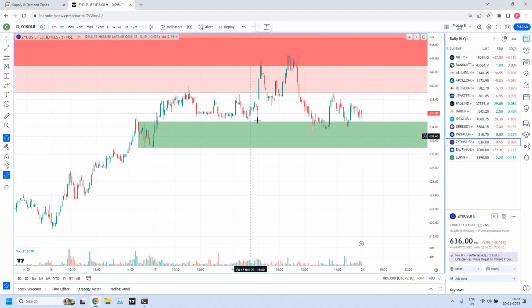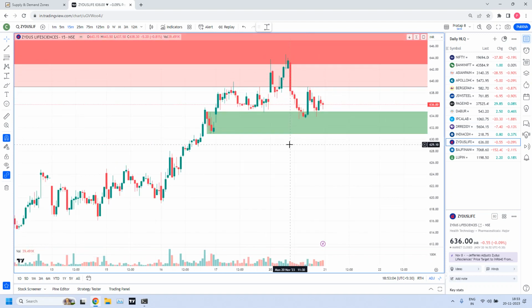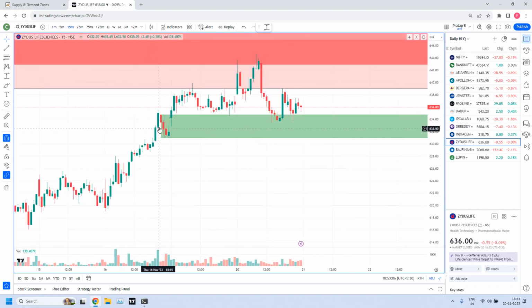And where the prices went, obviously, as usual, our 15 minutes demand zone. We have a 15 minutes rally candle, and then continuously 4 base candles, and then prices went up with a gap. That is a strong leg out. And finally, prices reached this zone at the 12:30, 15 minutes candle.